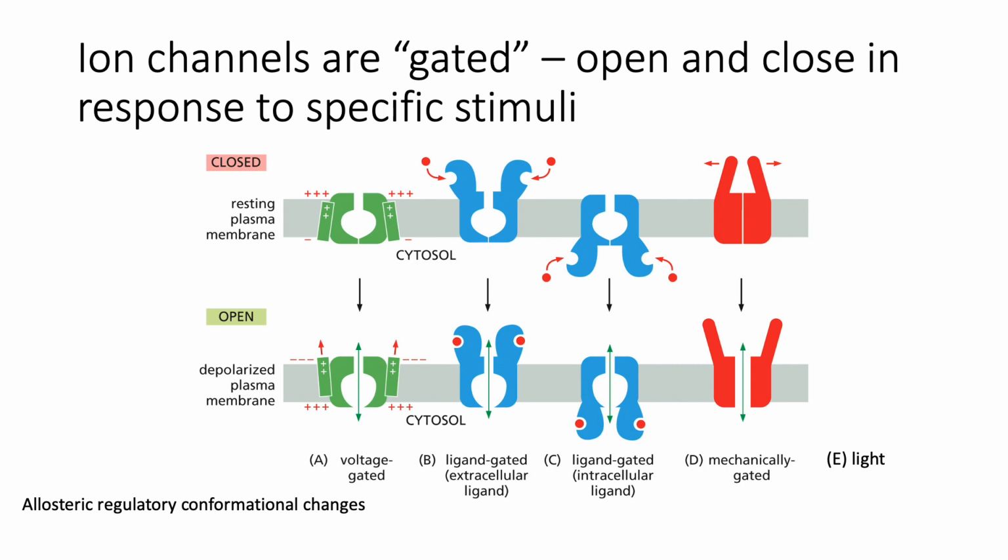Now, there's a number of different stimuli that cause the conformational change that allow these things to open and close. And so what they're showing up on top is the closed conformation. What they're showing on the bottom is the open conformation, where you see there's a hydrophilic passageway through the membrane.